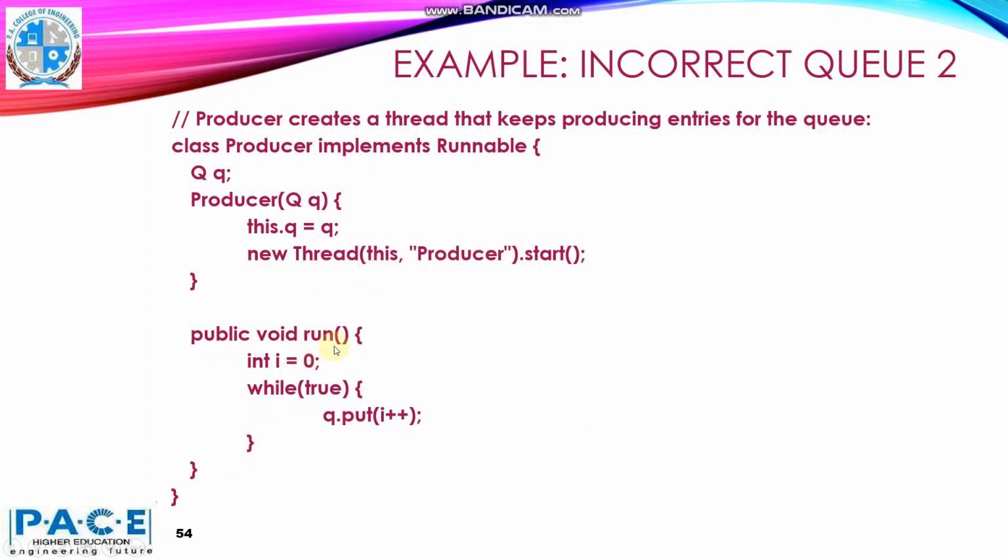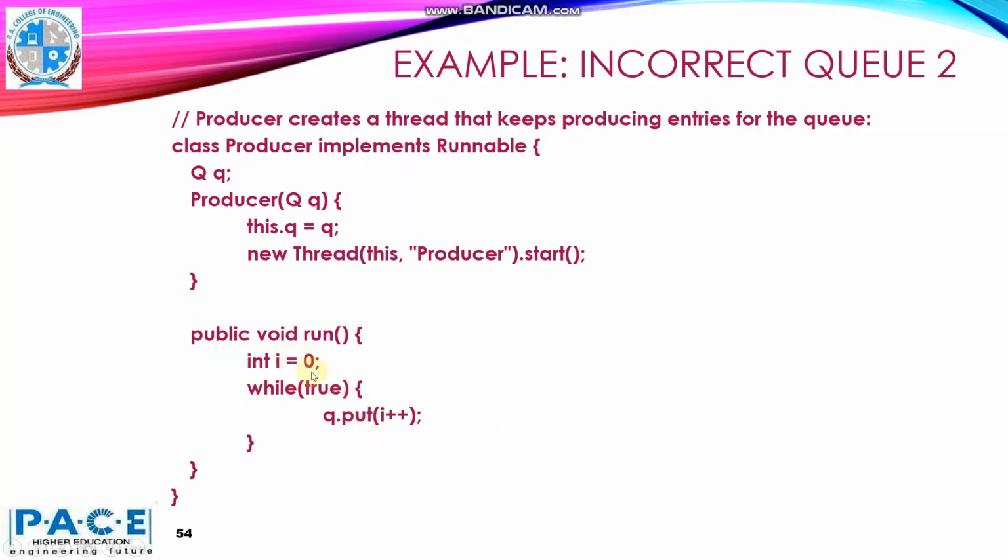In the run method, what the producer is doing is initializing the value of i to 0, and in an infinite loop it keeps producing values. It keeps calling the method put on the queue object continuously in a while loop, right?